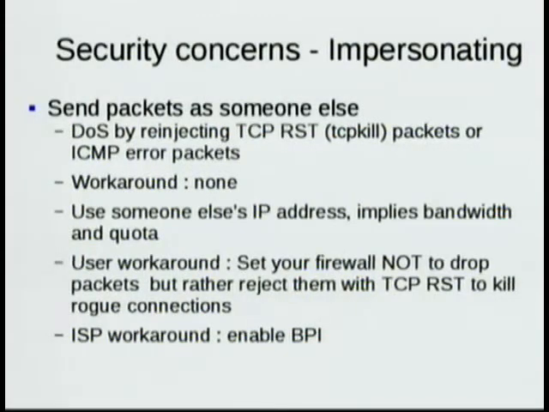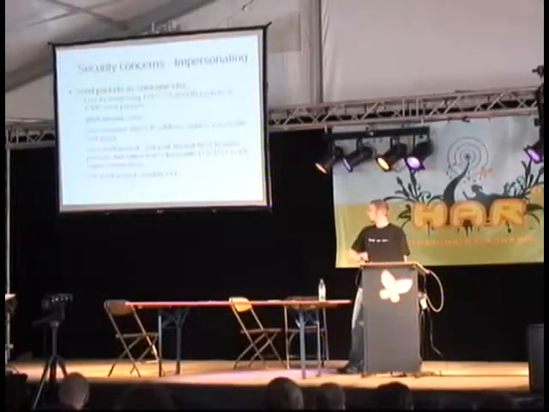All right, so there is some more fun stuff we can do: impersonating. Your modem is a stupid Ethernet bridge, right? So let's say you sniff all the connections on your PC and you get one TCP packet. Well, you can forge a TCP reset and send it back through your modem, because as long as it has the right source MAC address, the packet is going to go through.